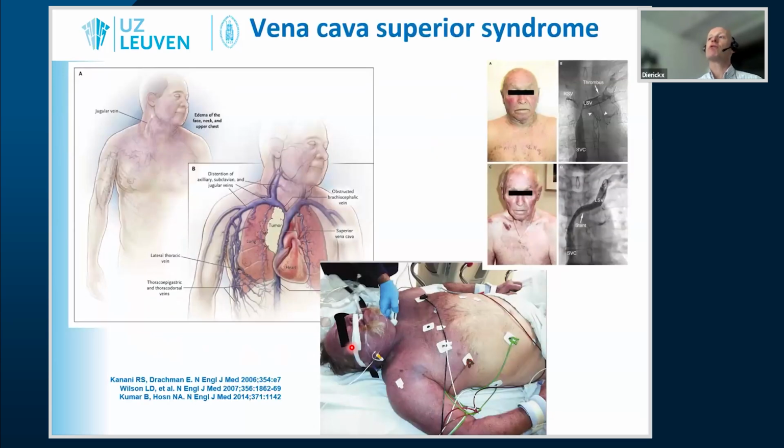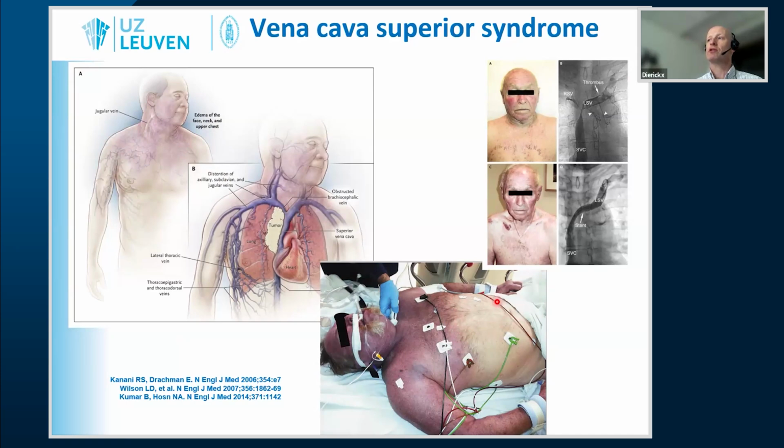And here you see examples of a mediastinal tumor, which shows the compression of the vena cava superior, leading to the typical symptoms of a vena cava superior syndrome. Here you see it really nice. So it's the drainage of the upper part of the body.